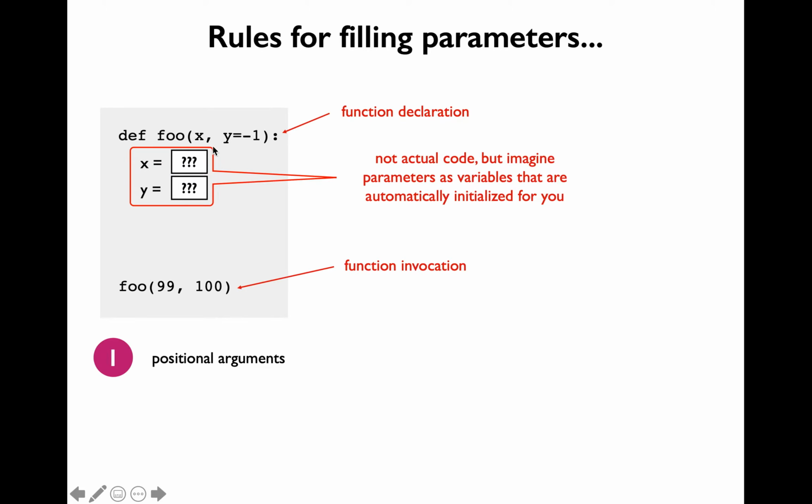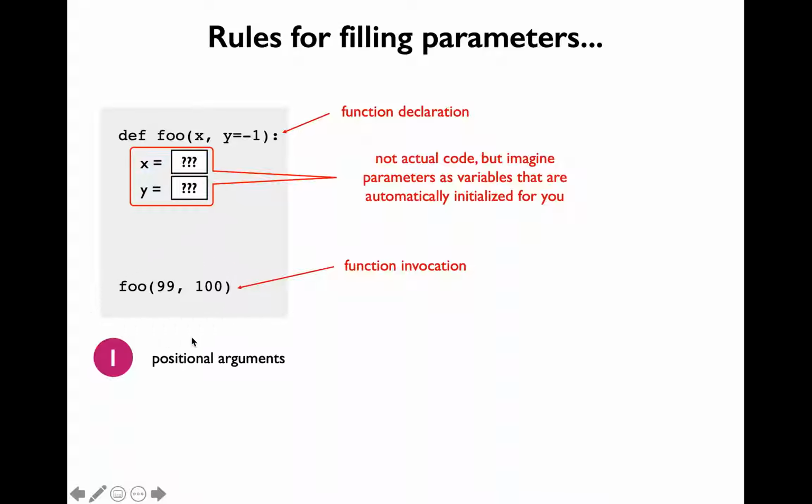Observe that the parameters are separated by a comma. The parameter y has a default value of -1 and then finally you have a colon which completes the function definition line. Let's assume that we are doing some manipulation with the variables x and y inside the function definition.